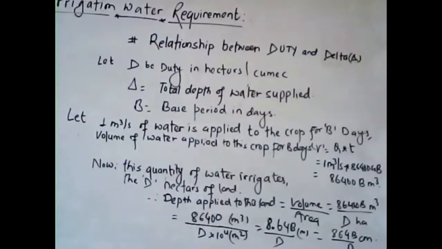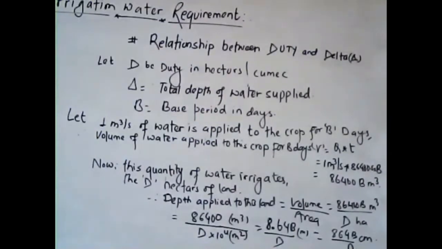Your discharge is 1 cumec, and the time is B days. So in B days, how many seconds are there? There are B into 86400 seconds. So converting them, we get the volume of water applied to this field for these B days as 86400 into B cubic meters. So this is the total volume of water applied to the crop for this B day period.